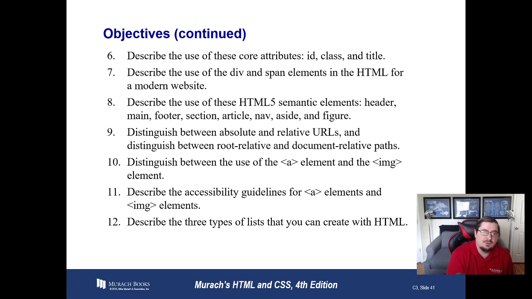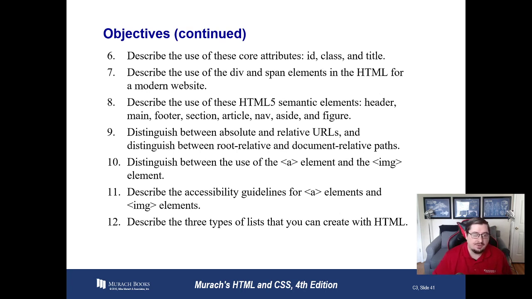We talked about some of the core attributes in HTML, including the ID attribute, the class attribute, and the title attribute. We talked a little bit about how to use the div and the span elements for modern websites to structure the page. Remember that you only want to use those div and span where one of the other semantic elements doesn't make more sense.